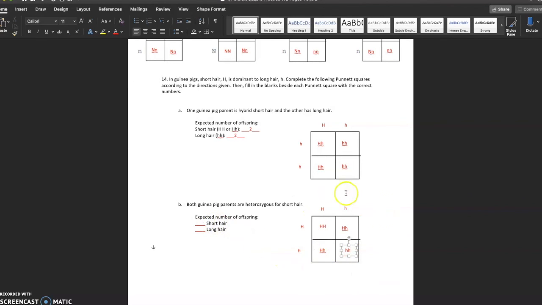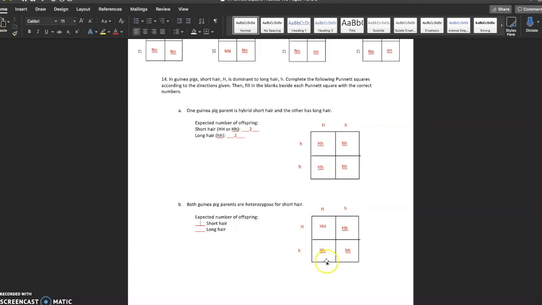Now that we've completed our Punnett square, we can now complete the expected number of offspring. So I didn't give you the hints here, but it was the same scenario, so we can use that to help us out if you had forgotten. For short hair, if it had at least one copy of the dominant allele, then it would have had short hair.